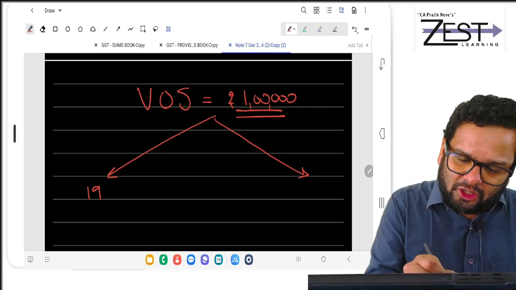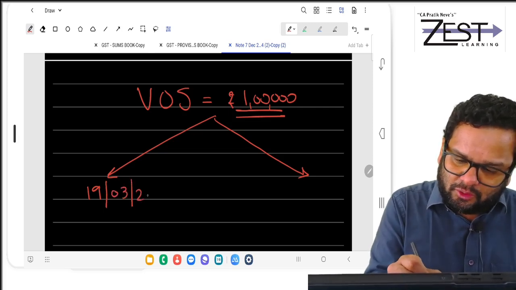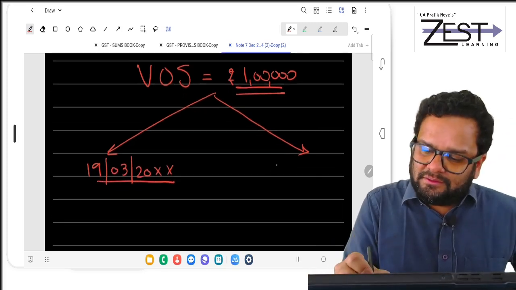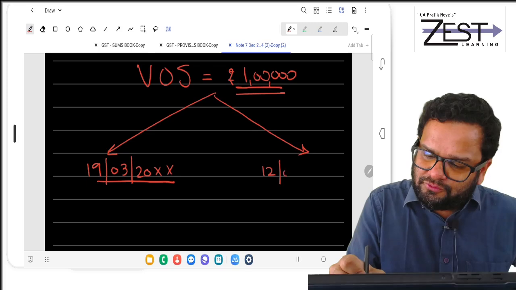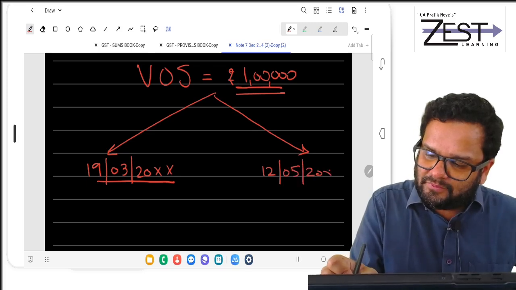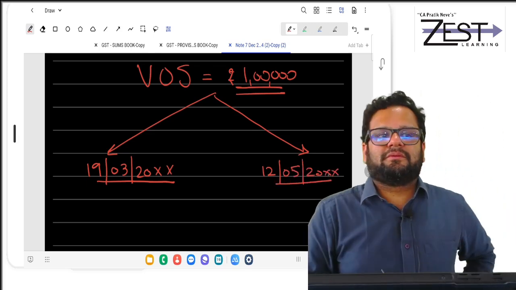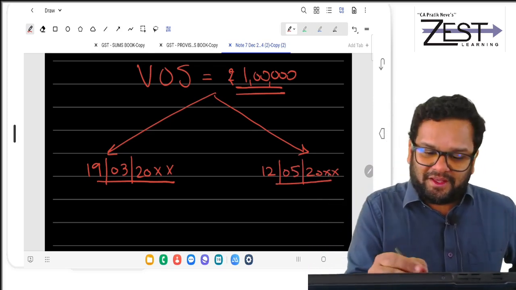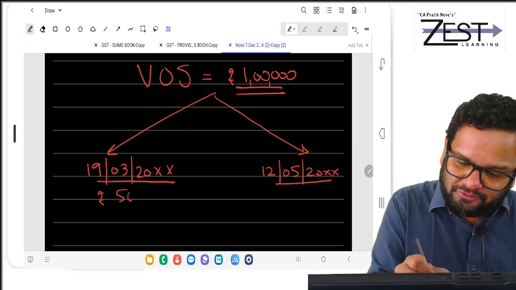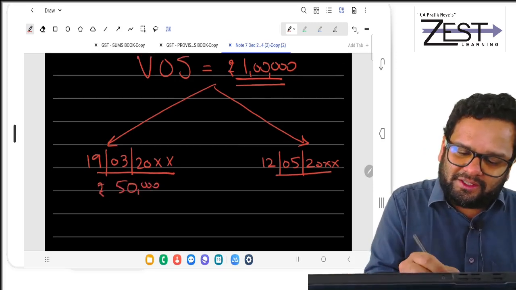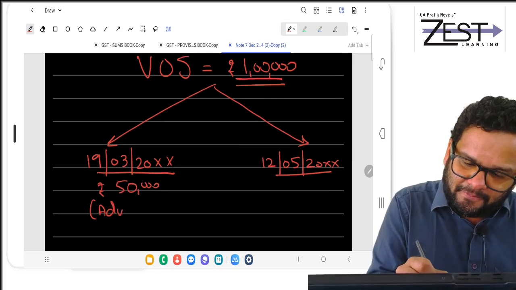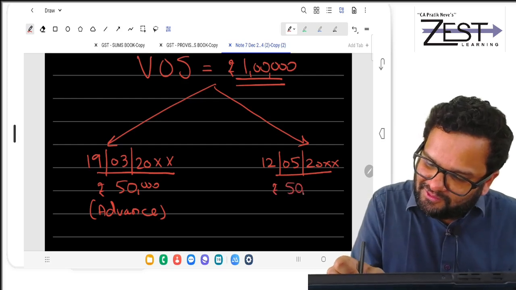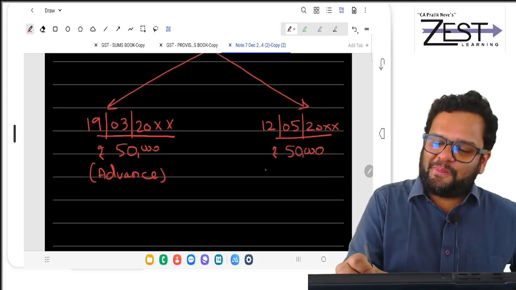Very good. 19th of March 20 whatever it is and 12th of May. Do you agree with me, all of you? Here it is how much? 50,000. You are calling it as advance, and balance is 50,000.